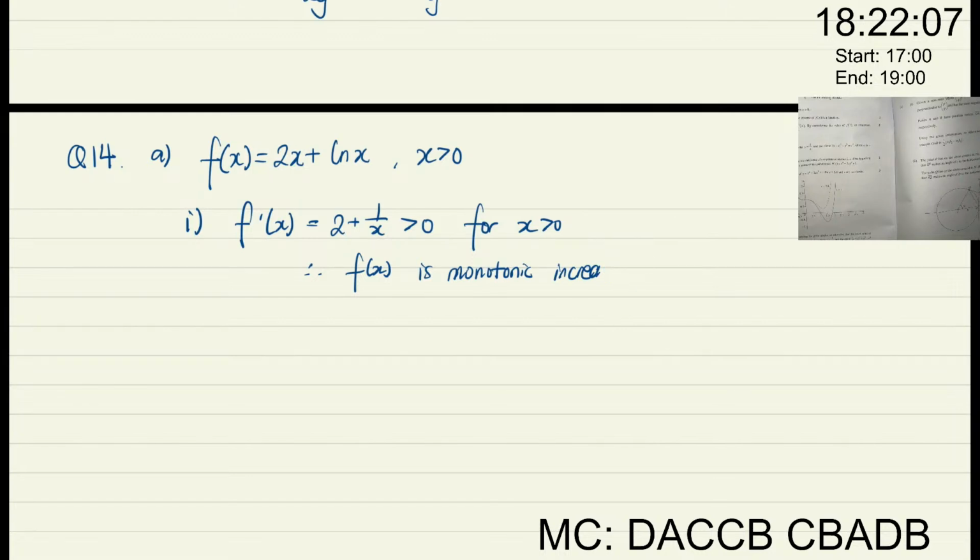Look, you don't have to say any combination of these. You can say passes the horizontal line test, 1 to 1, any of those is fine. I think I'll just write 1 to 1 just to be safe. Therefore, the inverse of f of x is a function.